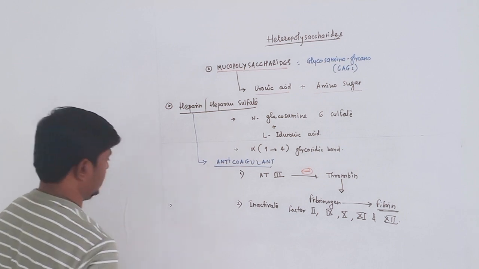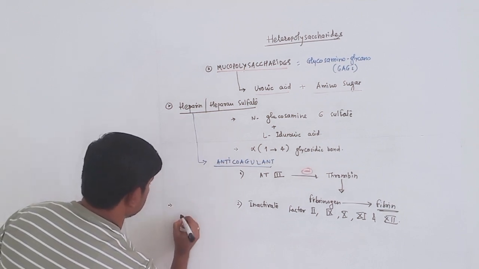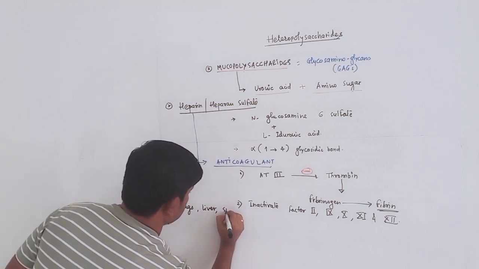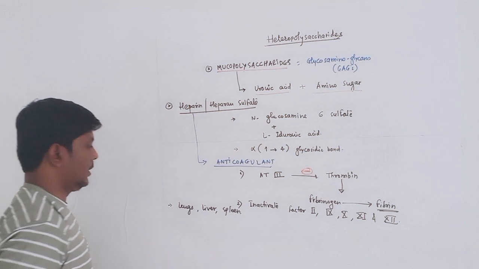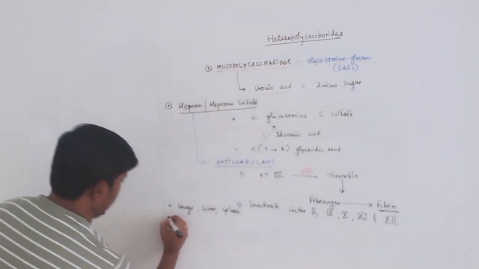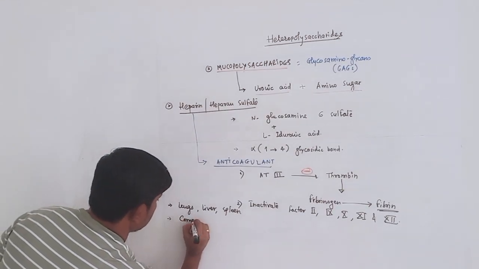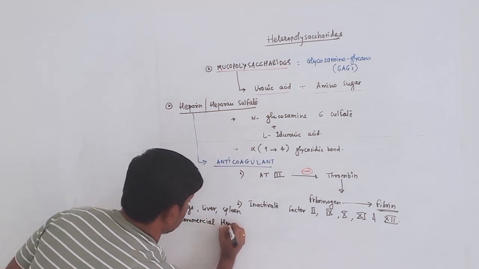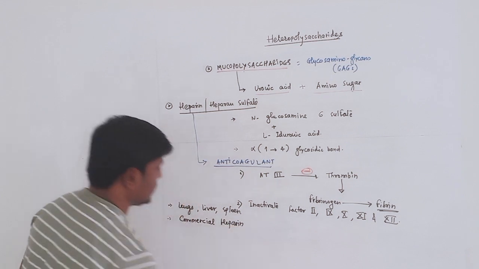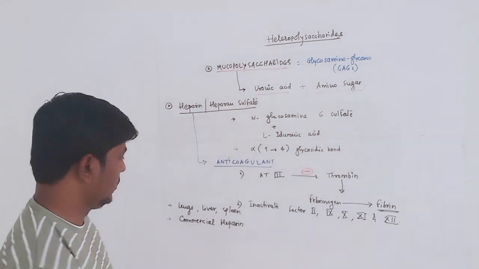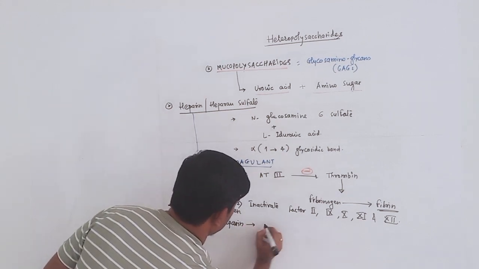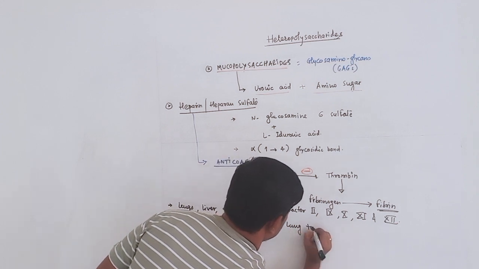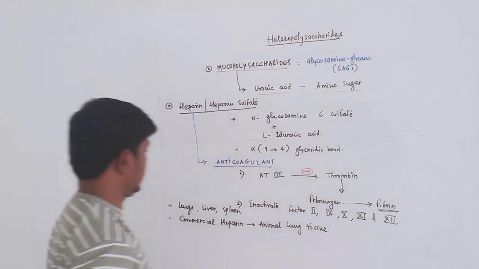This heparan sulfate, we can see in lungs, in liver, in spleen, and in monocytes. And the commercialized version, heparin, which we use in medical practice day to day, is produced from animal lung tissues.